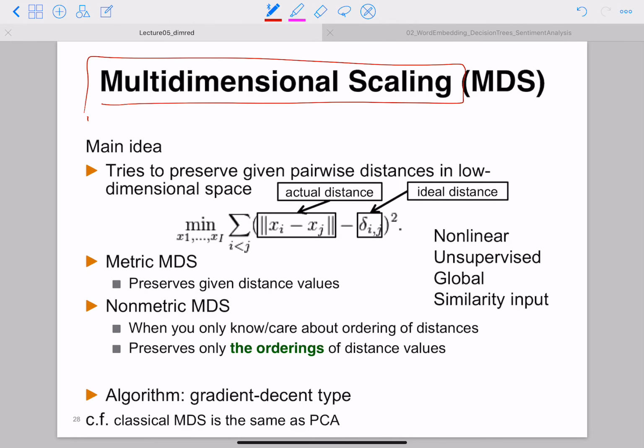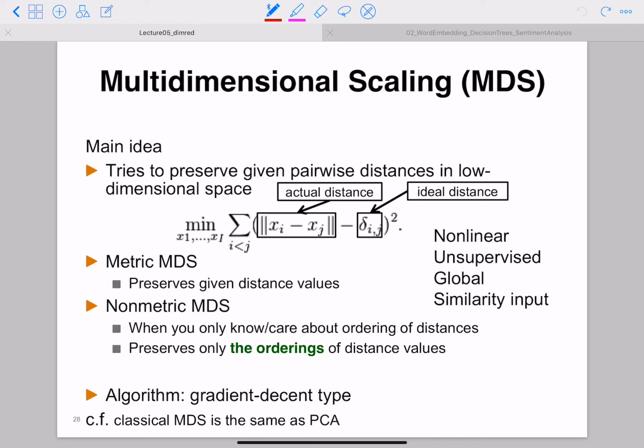Multidimensional scaling is really a big category of dimension reduction or graph embedding methods, and in particular classical multidimensional scaling is basically PCA. So PCA is one kind of multidimensional scaling, and it works as follows.